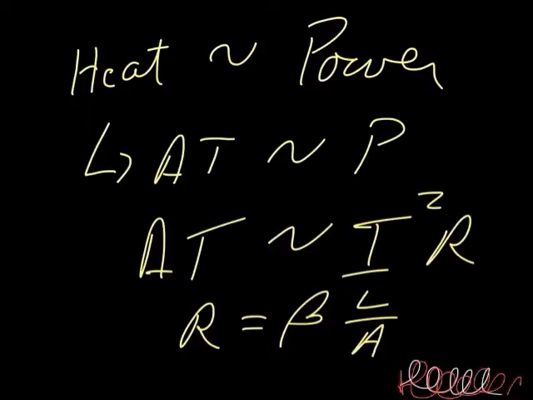So back to the point, heat is proportional to power. A change in temperature is proportional to how much power you put into the system. And in the case of a wire or a thin metal or a thin polycrystalline silicon that conducts, it's proportional to I squared R, where I is the current and R is the resistance, right? What is that called?